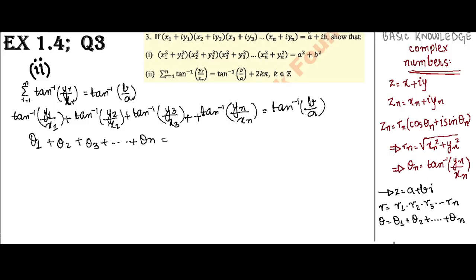B is the imaginary part, a is the real part. So tan inverse imaginary part by real part gives us theta. Now this is again the same statement that we have deduced from the given question. So we have proved it too.